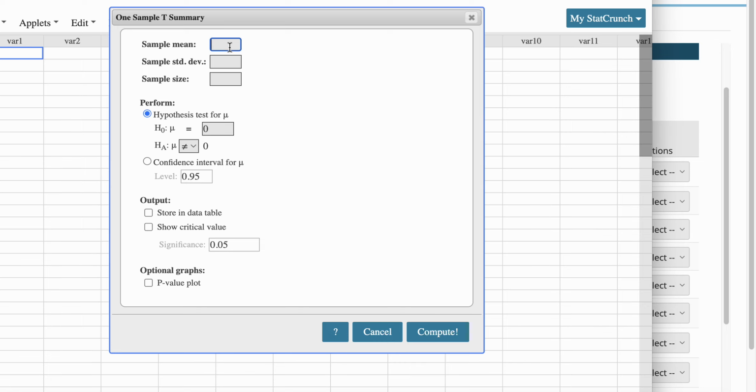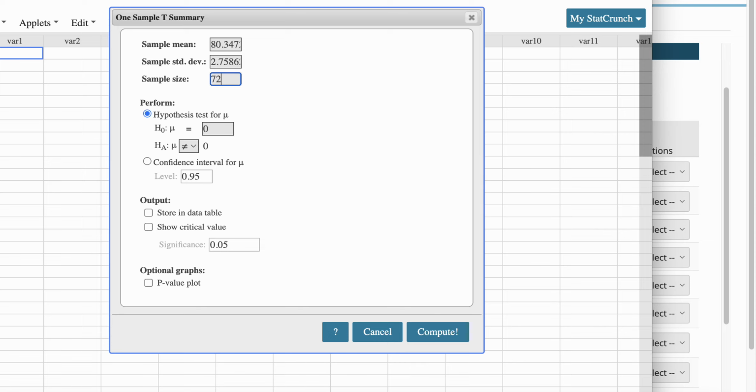So the sample mean was 80.3472, the standard deviation was 2.75862, and the sample size was 72.